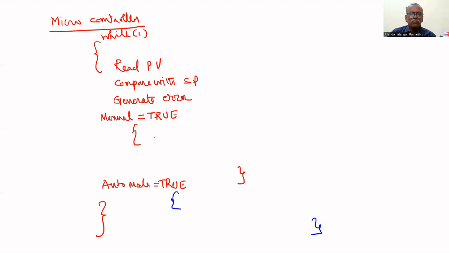Here, if it is manual mode, bias equals increment or decrement.